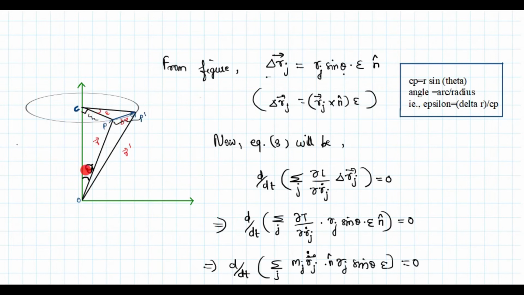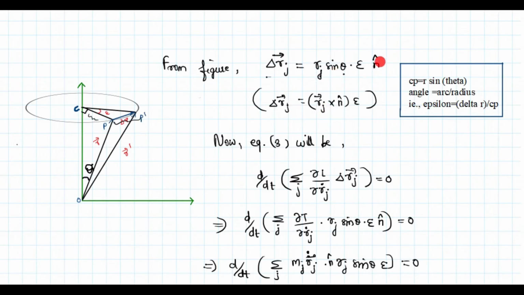So you will get delta Rj equal to Rj sin theta into epsilon. I have put some direction here, n cap direction, because infinitesimal rotation is a vector quantity. We consider it as a vector quantity, so therefore I am adding some direction to it. So we have delta Rj equal to Rj sin theta epsilon n cap. This can be written as Rj cross n cap epsilon.